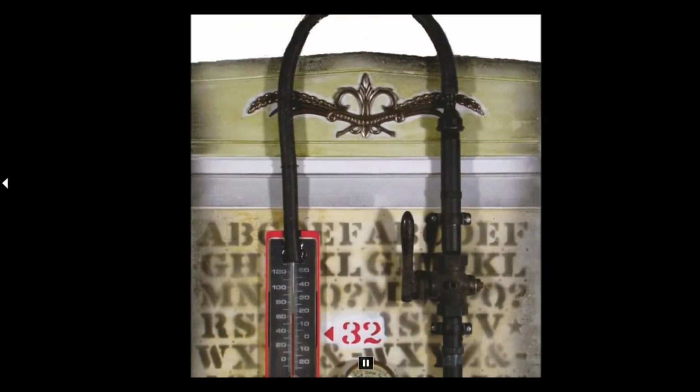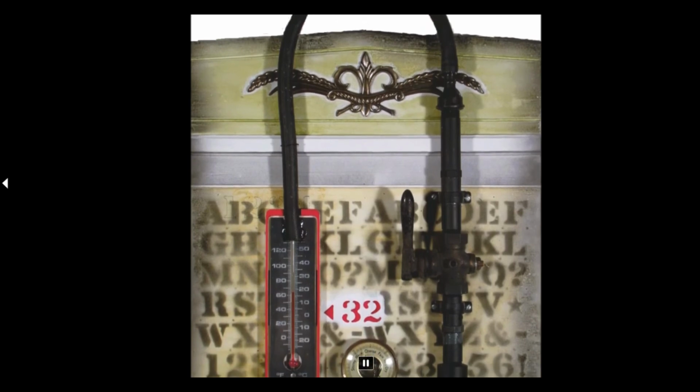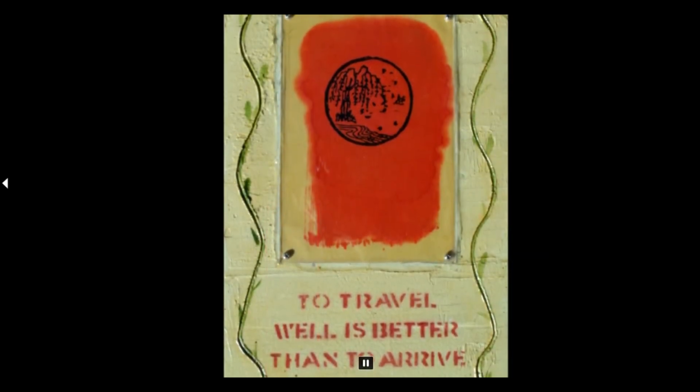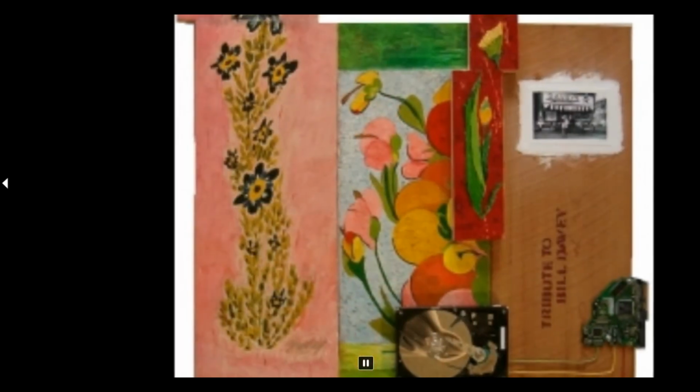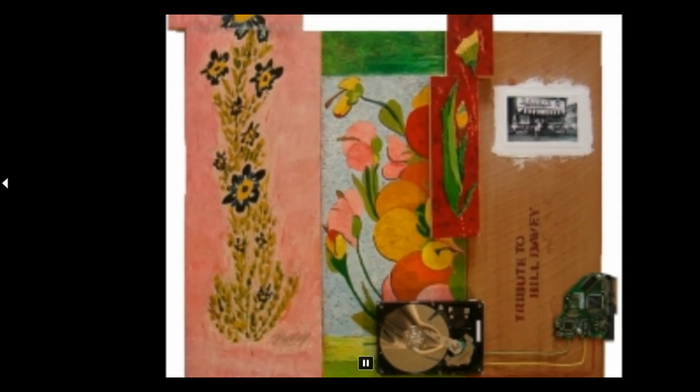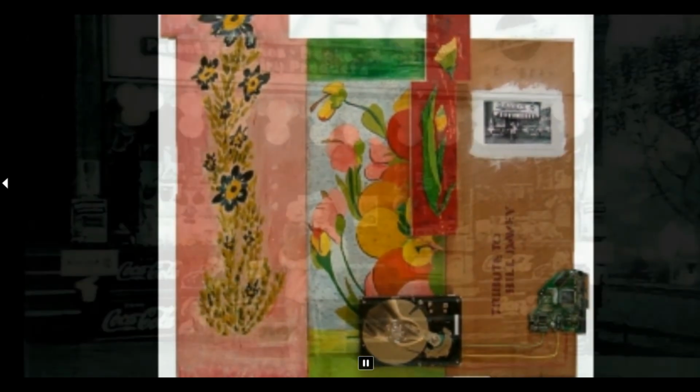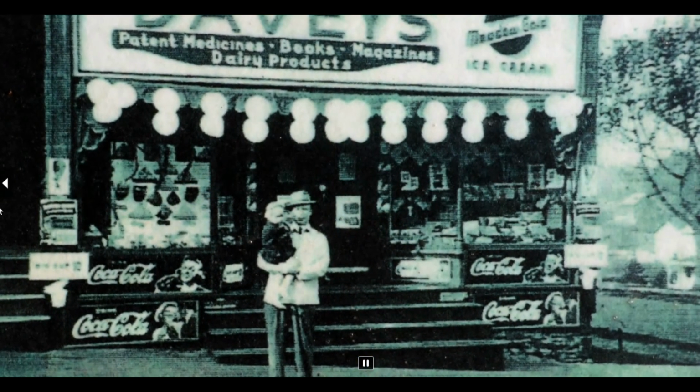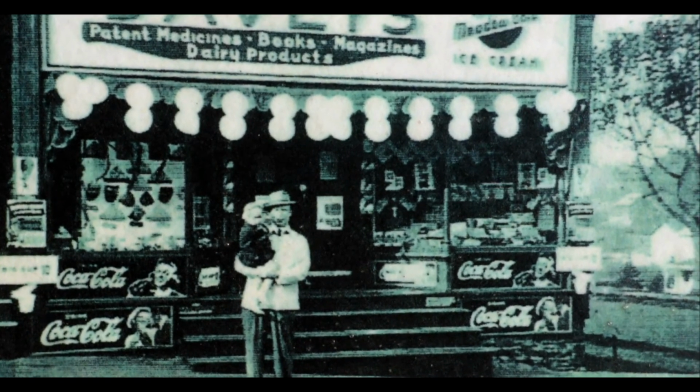That's the central part of a triptych, a piece that involved 3 disparate elements. That's the picture that appeared in the previous one. That's Bill Davey out front of his store. An old type case. They make nice things to work with.